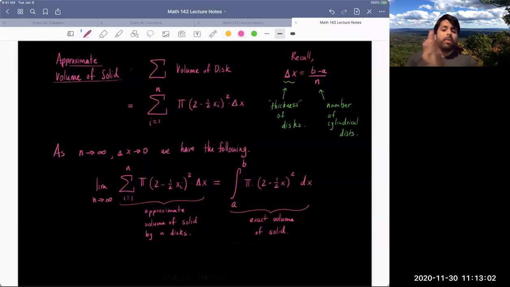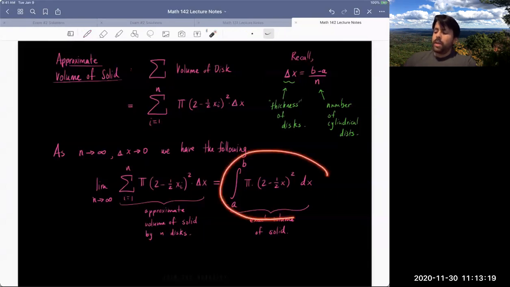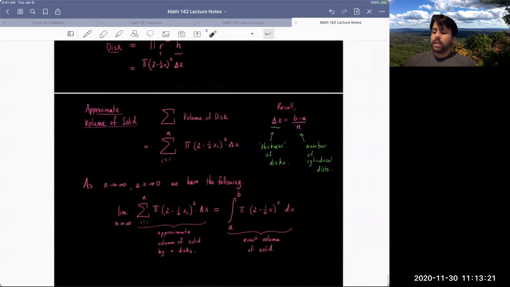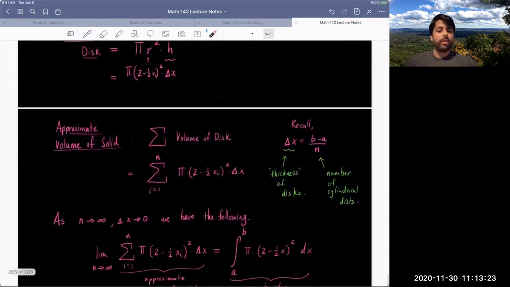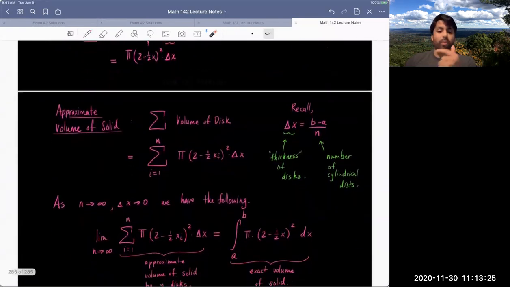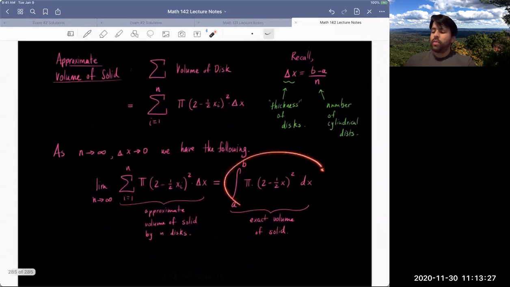But we're utilizing what we learned in the beginning. We're using Riemann sums, taking the limit of it as n goes to infinity, and that becomes the integral. So this is what we care about at the end of the day. But all of this is just the background as to why we're going to be using this kind of integral every time.